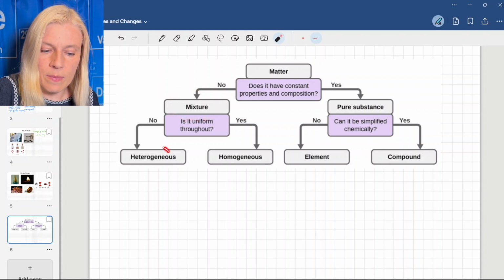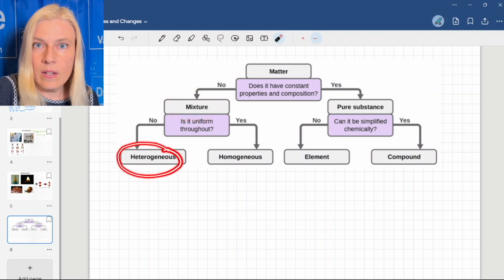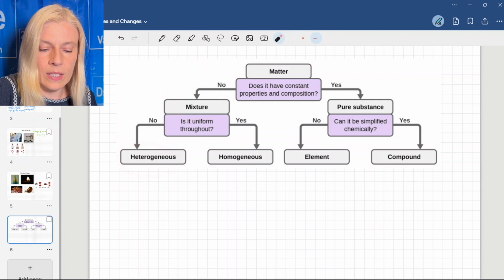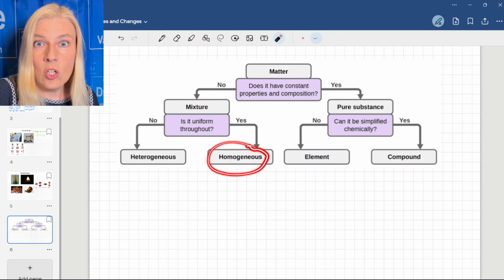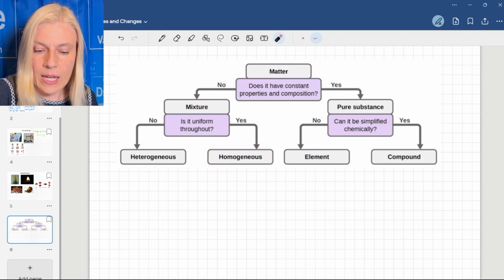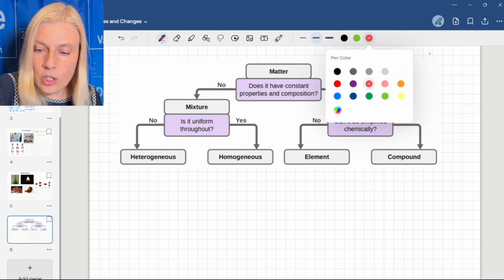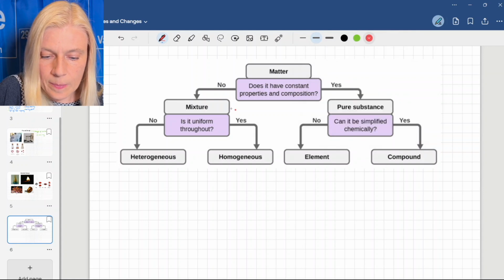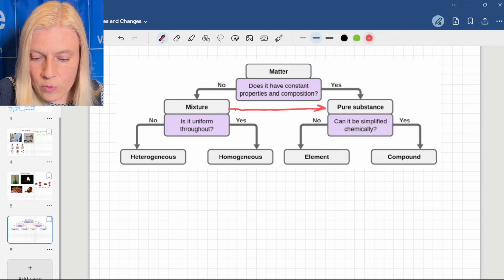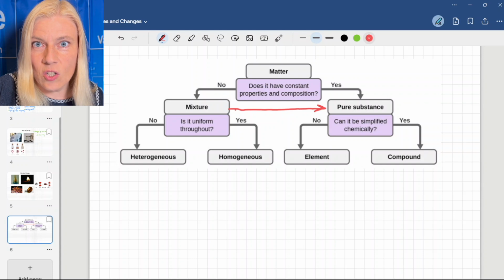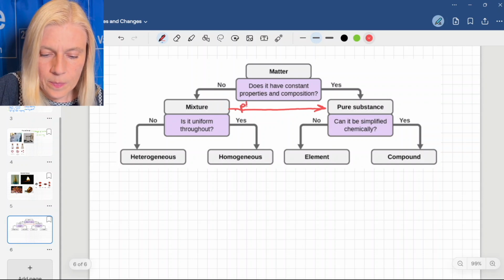Mixtures can be heterogeneous, not uniform throughout, or homogeneous, uniform throughout. Mixtures, and this is important, let's make this red, can be separated into their pure substances by physical properties.